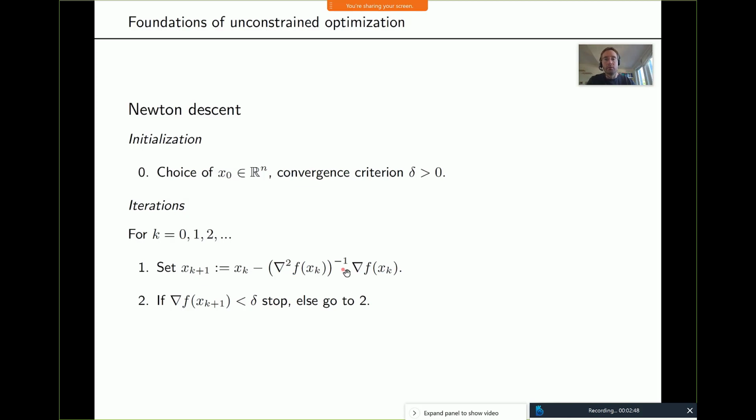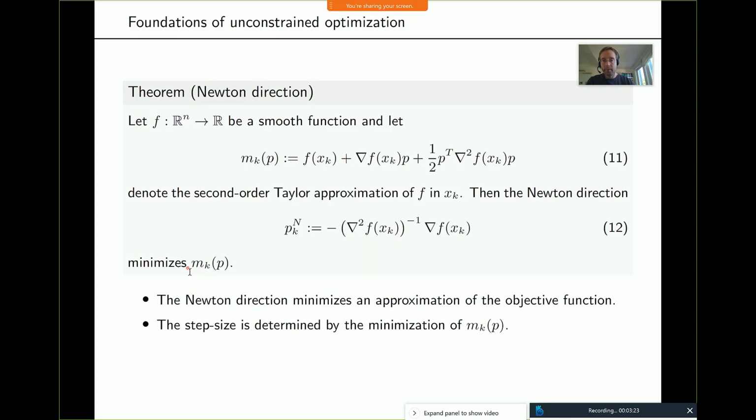If you want, you can of course interpret this multiplication with the inverse of the Hessian matrix as a length adaptation of the gradient vector. And the question is then why this multiplication with the Hessian. So that's the update rule, and then of course, like in any algorithm, you check whether the gradient is going to 0, and if it's 0, then you hope you're at a minimum and stop the algorithm, and otherwise you go to 1 again.